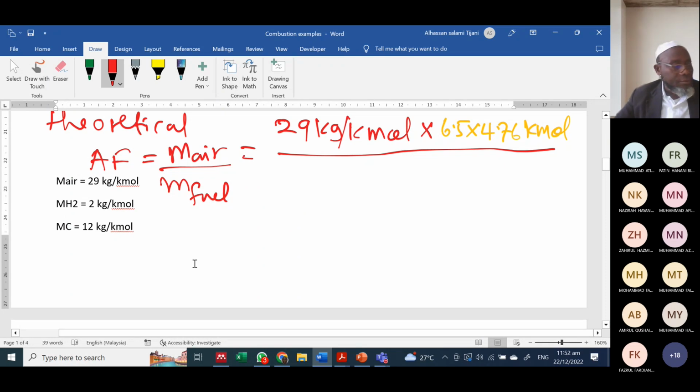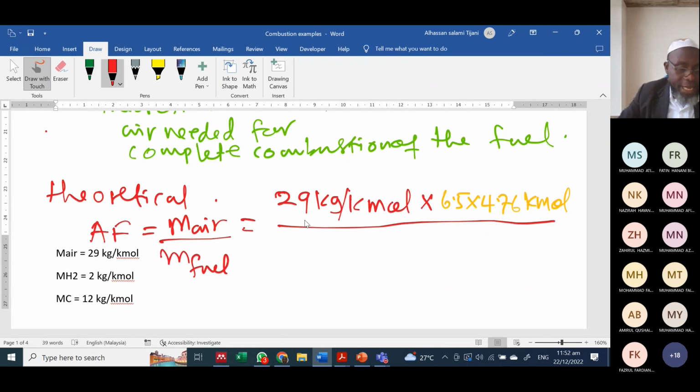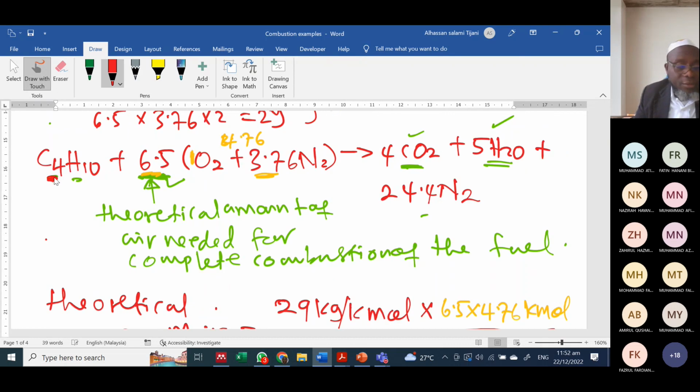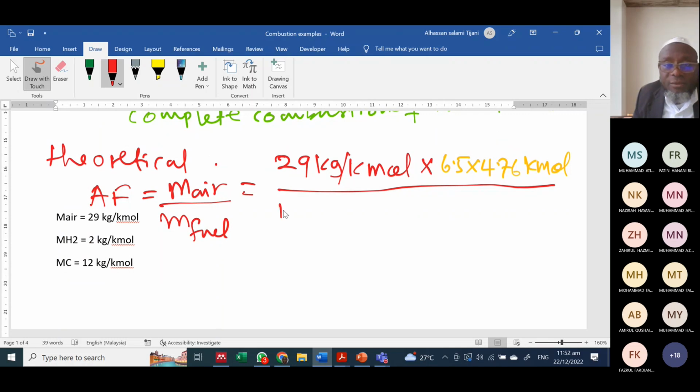For the fuel, the molar mass of the carbon is 12, but we have 4 of them, so we multiply by 4.